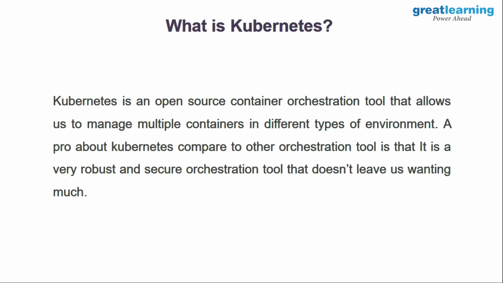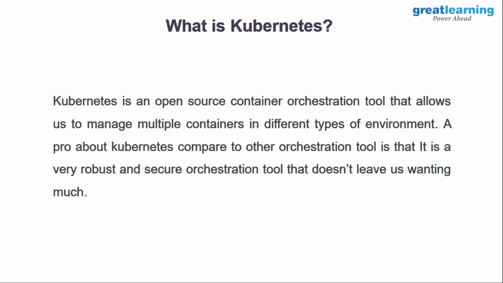Do you guys know about any other orchestration tools? Well, there are some, like Docker as a company. Even though they've come up with a tool called Docker to create containers, they've also come up with a tool to orchestrate those containers, which makes sense from a business point of view, right? If you're creating containers, you want to create a tool that manages those containers also. So they came up with something called Docker Swarm, which is somewhat similar to Kubernetes, but it is not as good as Kubernetes.